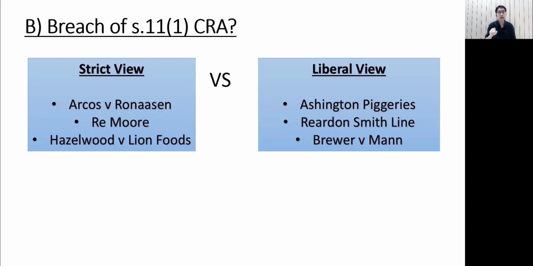And if you look at the case of Brewer and Mann, the court took a very broad view, a very liberal view. This was a case concerning a Bentley. They were sold a Speed 6 Bentley. But the Bentley, the car, they were sold eventually to the buyer, was not the original Speed 6 Bentley. It was actually a reconstructed engine.